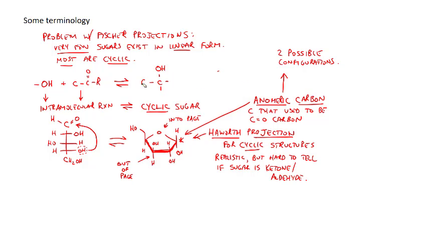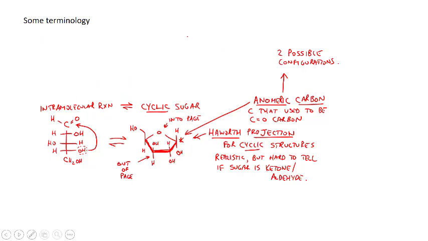So let's talk about that for a second. So normally, you will see examples of this where I don't do this in this lecture. Usually, Haworth projections are drawn with the anomeric carbon on the right and the ring oxygen in the back, right?